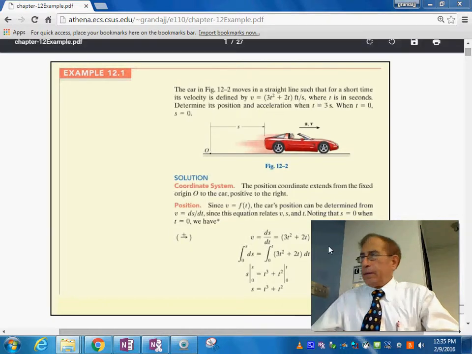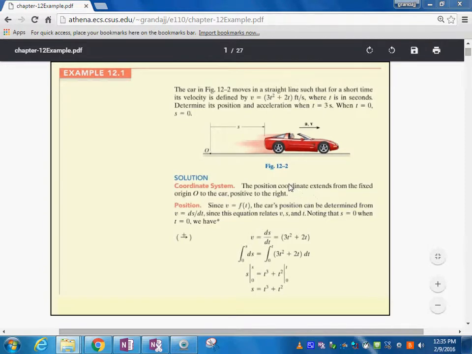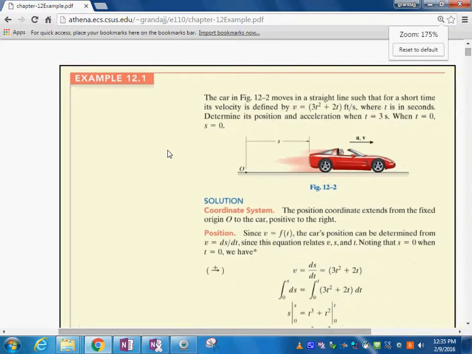So let's see here. We're gonna look at this. It says the following. You have this vehicle.